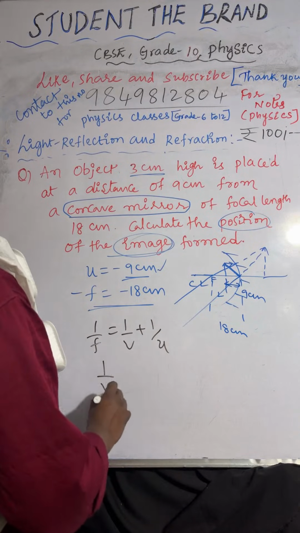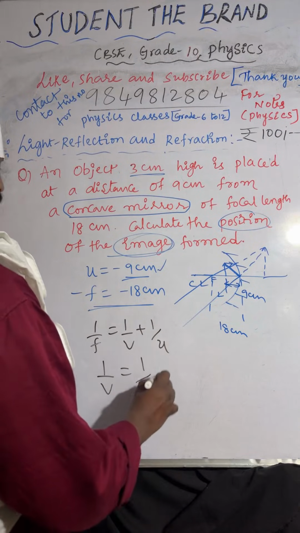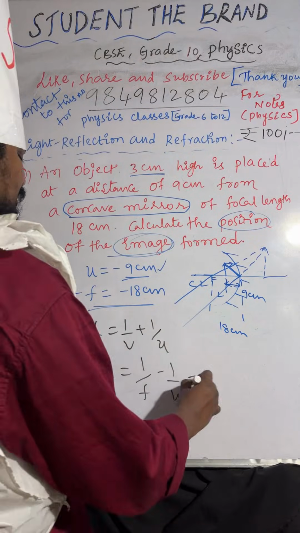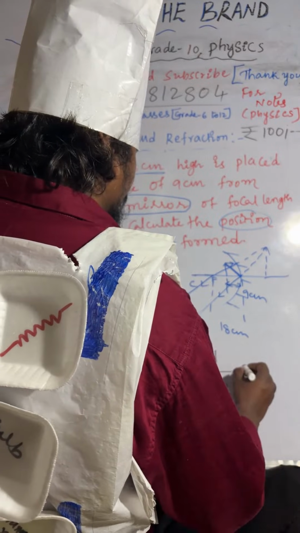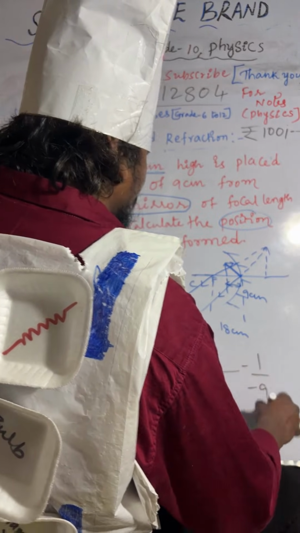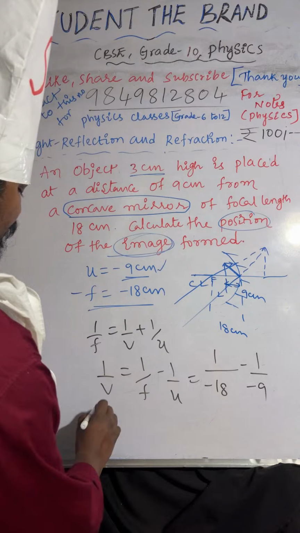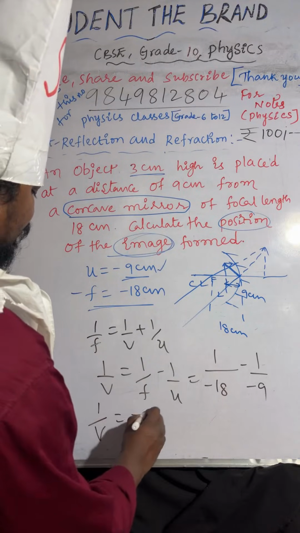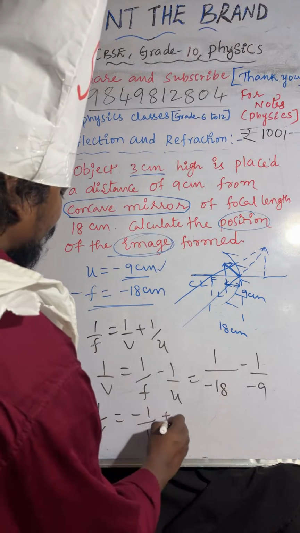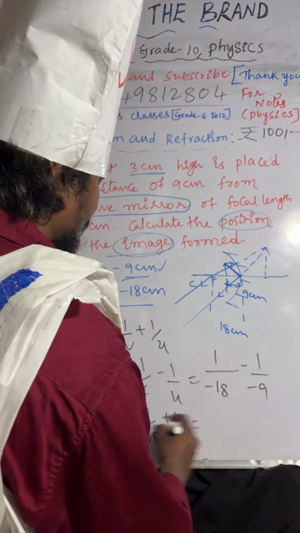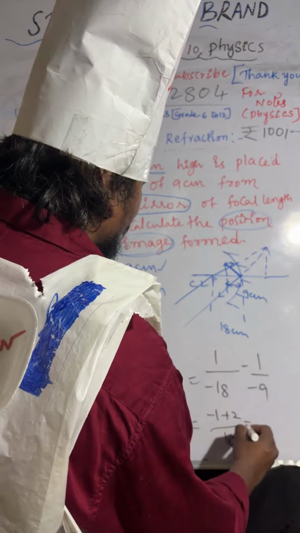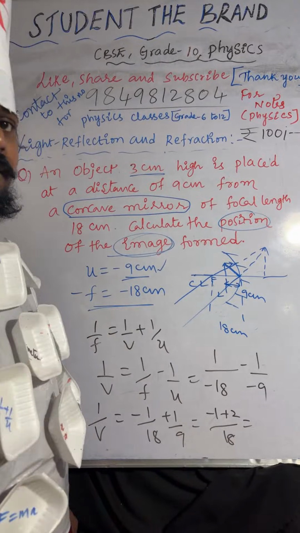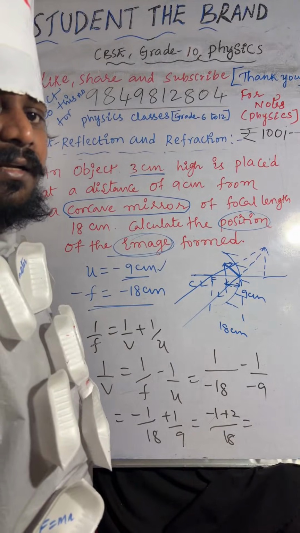So 1 by v equal to 1 by f minus 1 by u. Substitute the values: 1 by minus 18 minus 1 by minus 9. Then you will get 1 by v equal to minus 1 by 18 plus 1 by 9, which is minus 1 plus 2 by 18. How much value will you get?